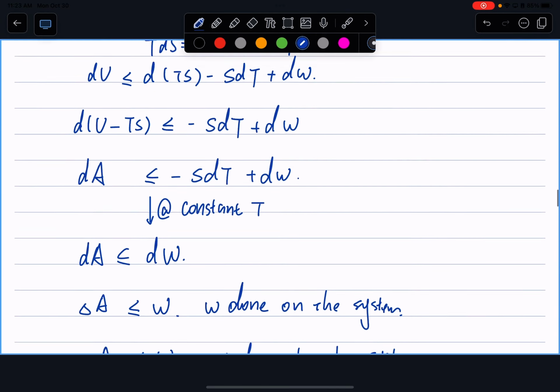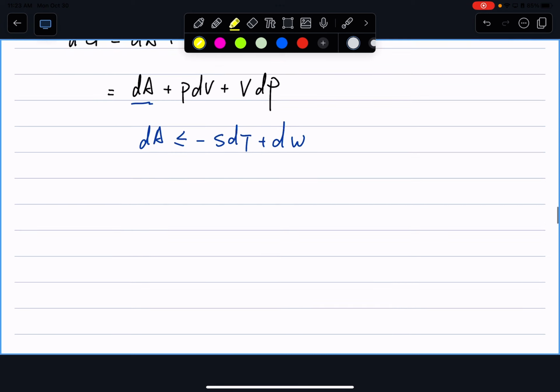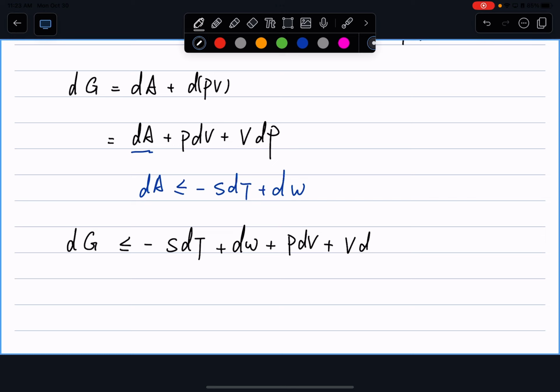This is something we derived here, right? And with that in hand, we have the relationship dG smaller than or equal to negative SdT plus dW plus PdV plus VdP.